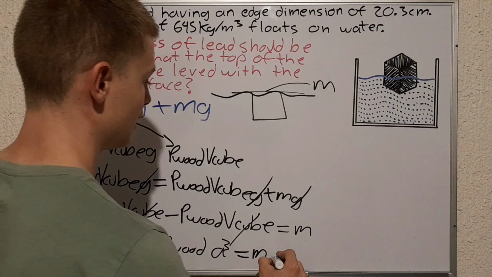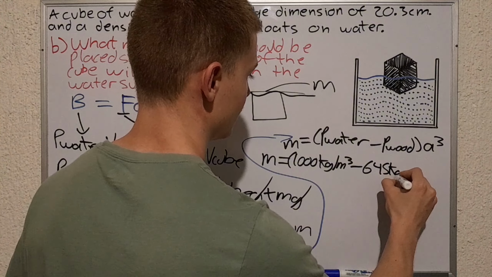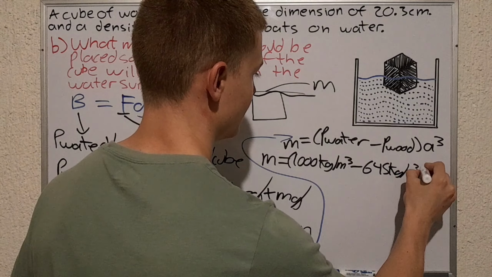Now we just need to prepare our values: the density of the water, which is 1000 kilograms per cubic meter, minus the density of the wood, which is right here, 645 kilograms per cubic meter.